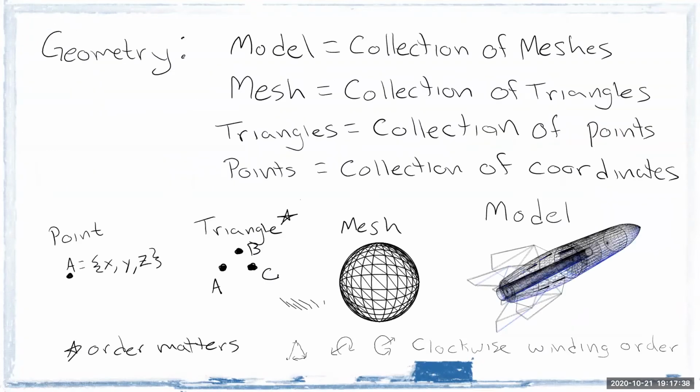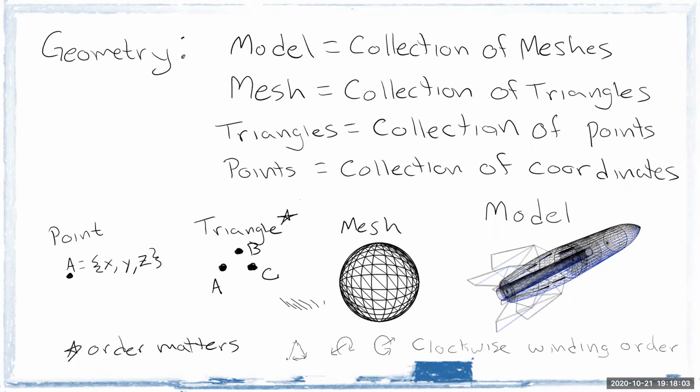The way that geometry is modeled and the way that we send the geometry data to the GPU is we will have a model, which is a structure that is a collection of meshes. Meshes are collections of triangles, which are collections of points.